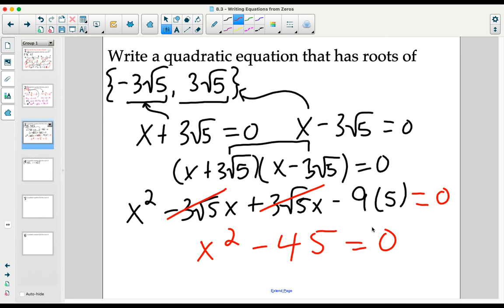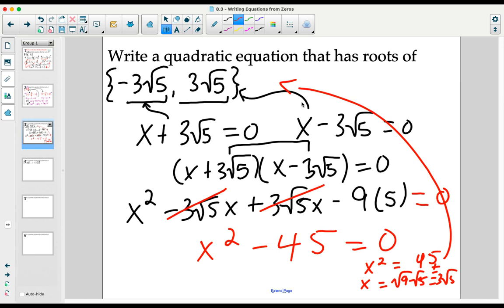is equal to 0. If you're not convinced of your solution, it turns out that this is a nice one that you could check with the square root method. x squared is equal to 45. x is equal to plus or minus the square root of 9 times the square root of 5, which is plus or minus 3 root 5, exactly the solutions that we started with. So again, two lessons ago, we would have started here and worked our way in that direction. Would we have seen all of this?